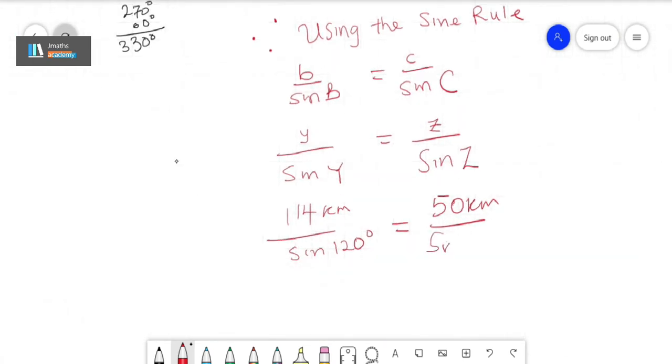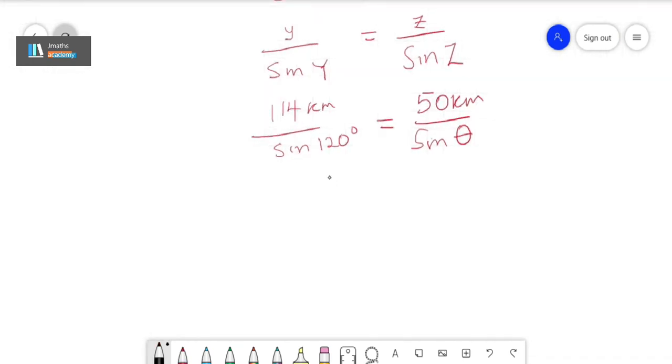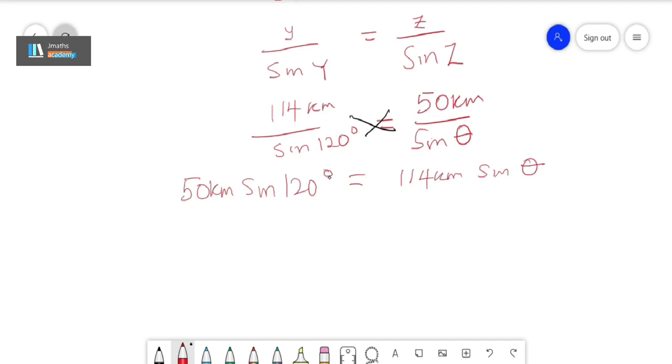So our sine z is sine theta. So if we cross multiply, we have 50 kilometer sine 120 degrees is equal to 114 kilometer sine theta.